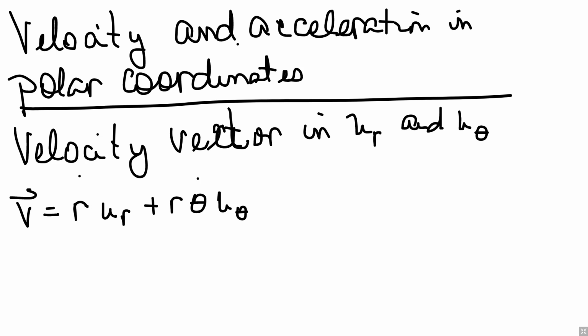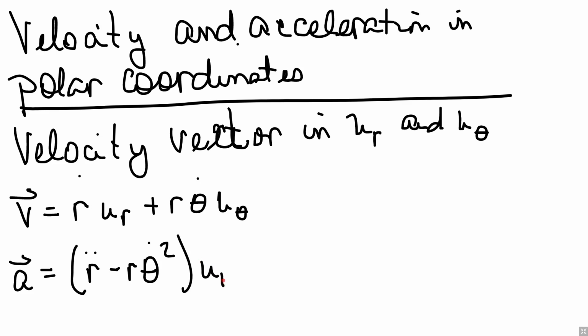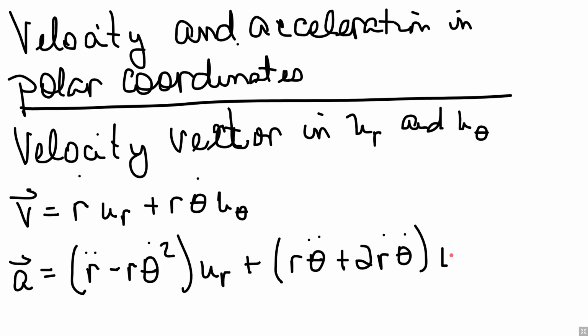All right. Now, the acceleration vector written in terms of u of r and u of theta. So acceleration is going to be equal to r double dot minus r theta dot squared in the direction of u of r, plus r theta double dot plus 2 r dot theta dot, and this is in the u sub theta direction.